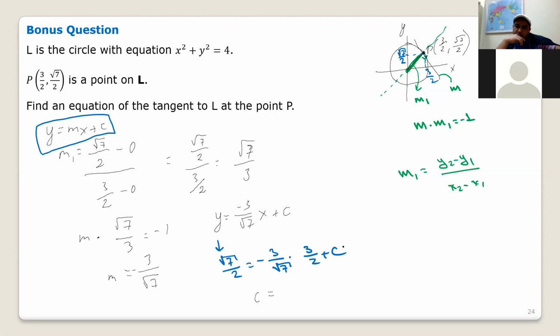C equals 7 plus 9 is 16 over... Is it 8 over square root of 7? I think so. Common denominator is 2 times square root of 7. It is 7 plus 9, 16. 16 over 2 is 8. So it's 8 over square root of 7.